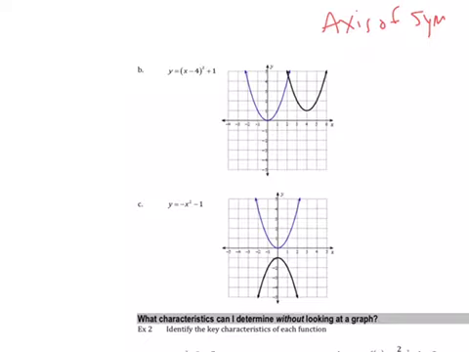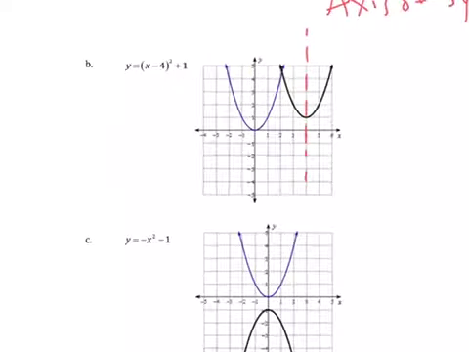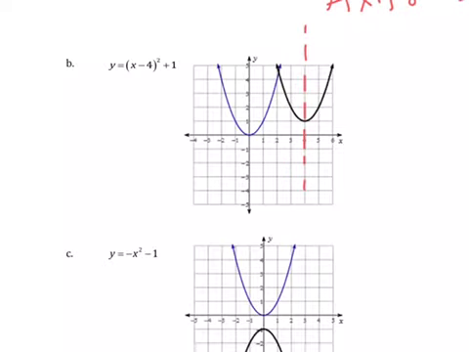So this black graph right here, where am I going to put that axis of symmetry? Remember, it's going to be a dashed line through the vertex of it. So it's going to be written in equation form. Now, remember, it's x equals something. If I'm looking at this dashed line, the x value is going to be 4. So it's going to be x equals 4.